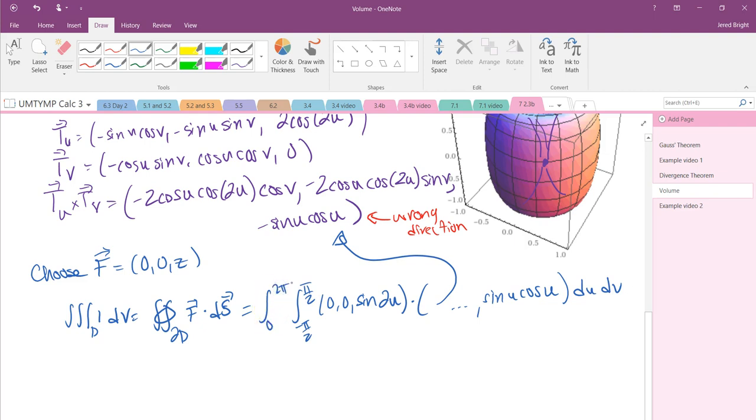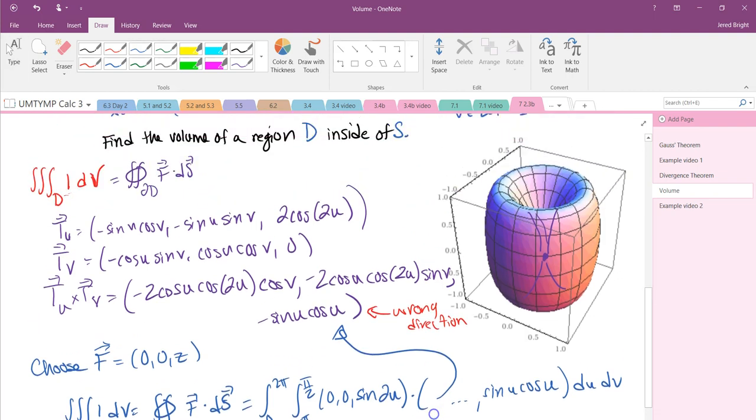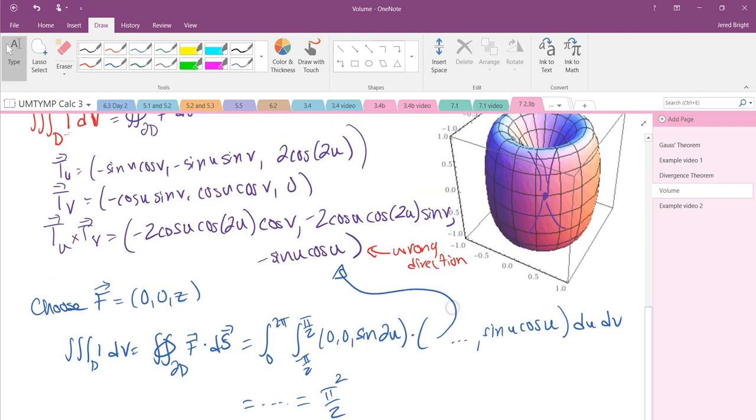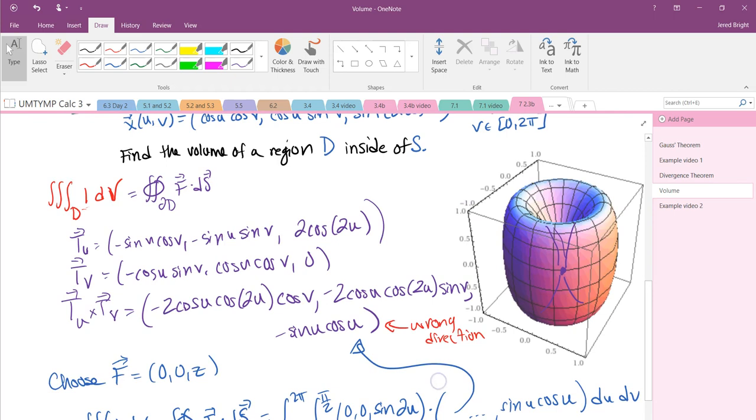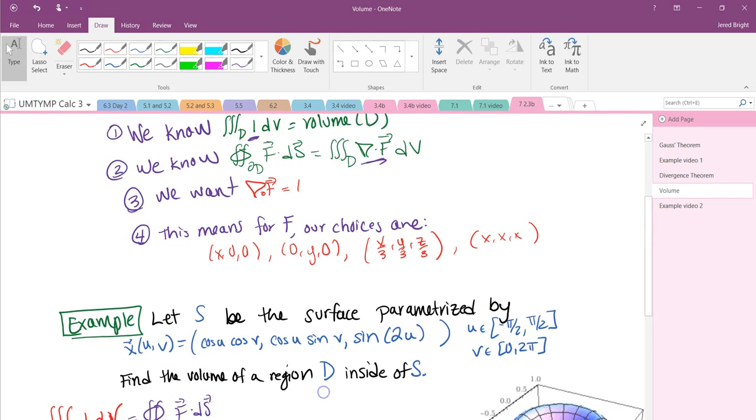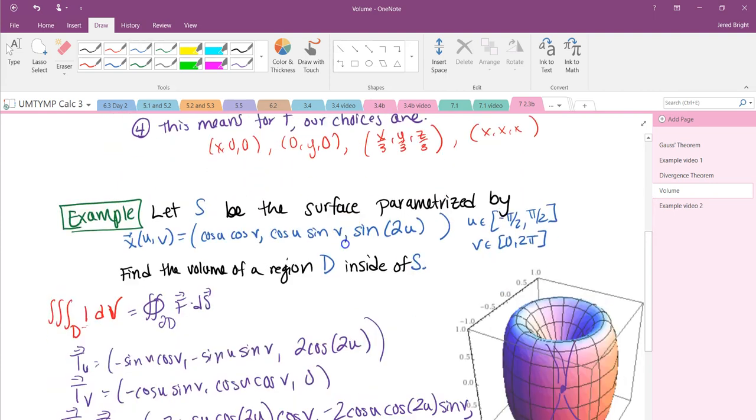Then after you do the dot product and the ensuing algebra, we end up getting pi squared over 2. The highlight here is really not the calculation. It's that if we recognize we want the volume, we need that divergence to be 1.